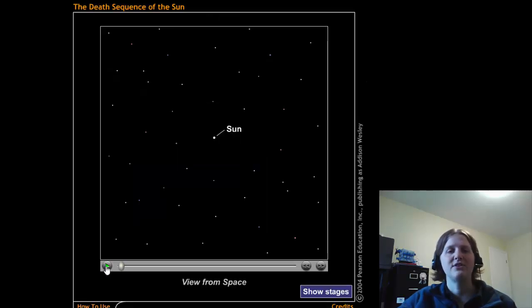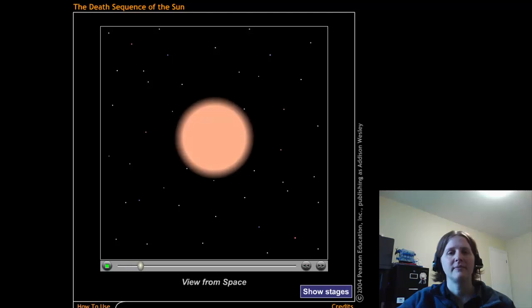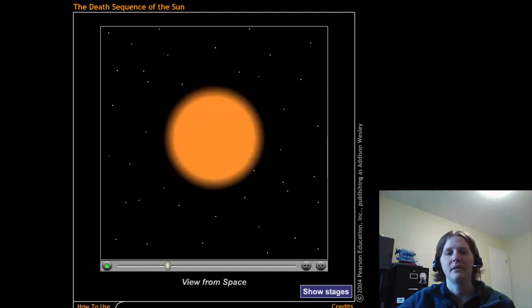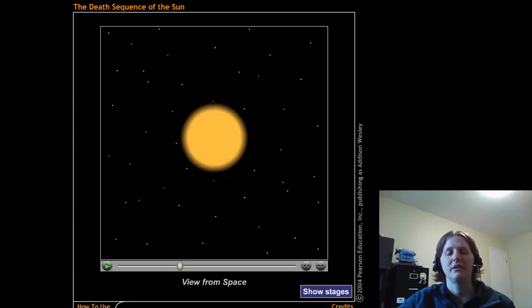So let's use this animation and talk through the phases as they happen. So we'll start off with main sequence. Red giant, right? So there's that shell fusion that's not stable. Comes back down. That's the helium burning star. It's got the core helium fusion and a shell of hydrogen fusion.